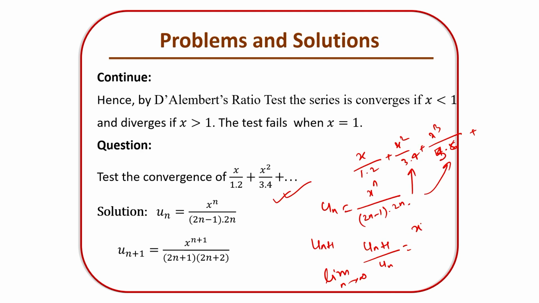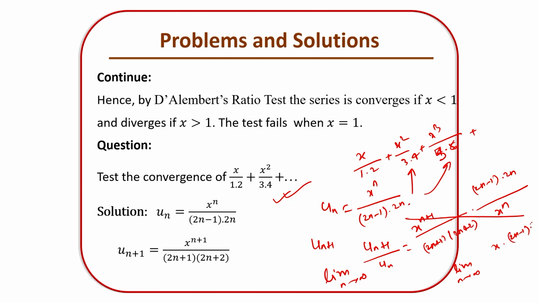So this will come out to be x^(n+1) divided by (2n+1) into (2n+2) into (2n minus 1) into 2n divided by x^n, right? So these two will come out to be, limit n tends to infinity, this is x, right? And this will come out to be (2n minus 1) into 2n divided by (2n plus 1) into (2n plus 2).